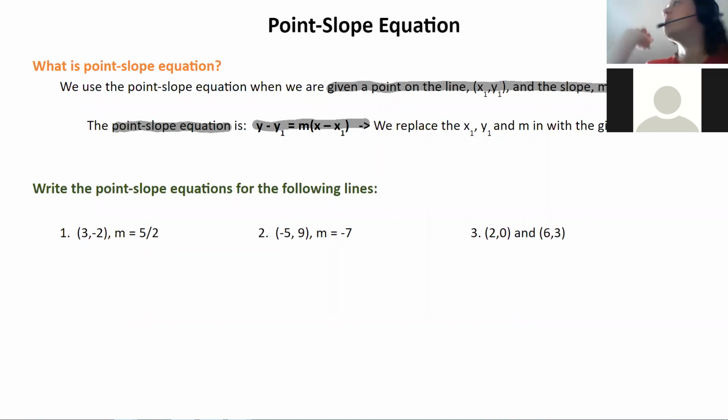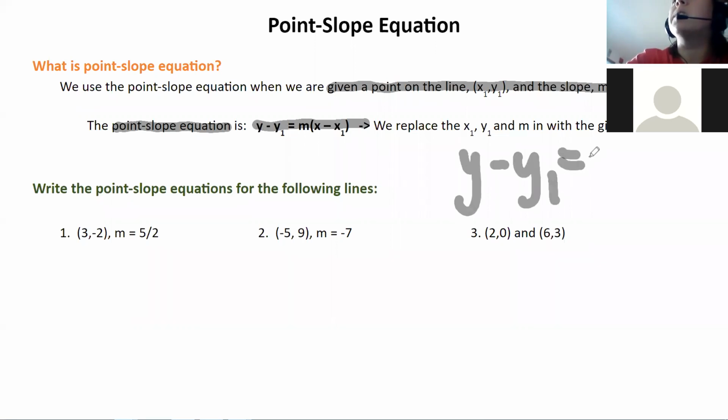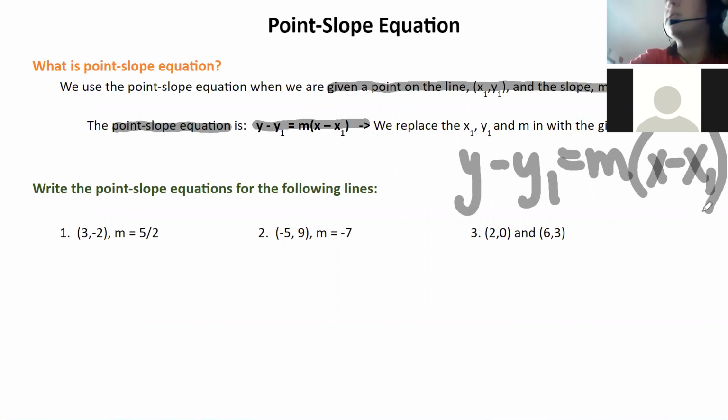So, okay, what you guys should have written down is point slope equation. You should have this equation, y minus y1 equals m times x minus x1. That's what you guys should have written down. So now, in order to write the point slope equation, we just have to know what we're putting in.